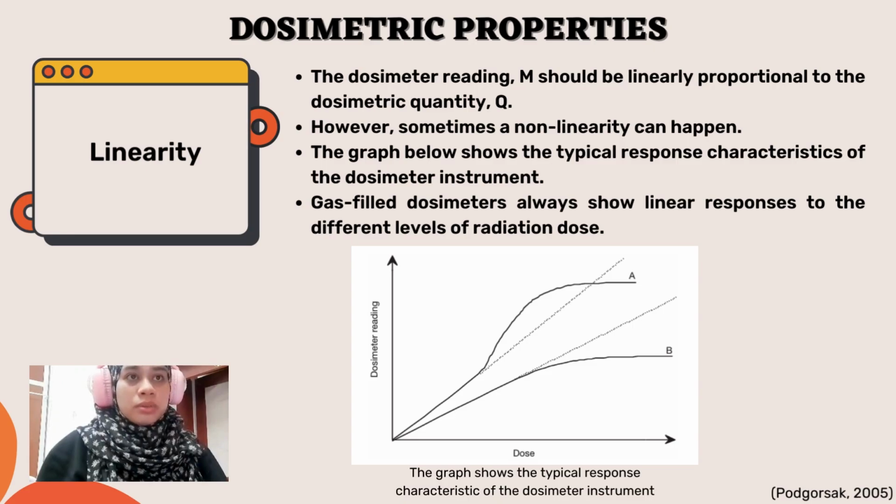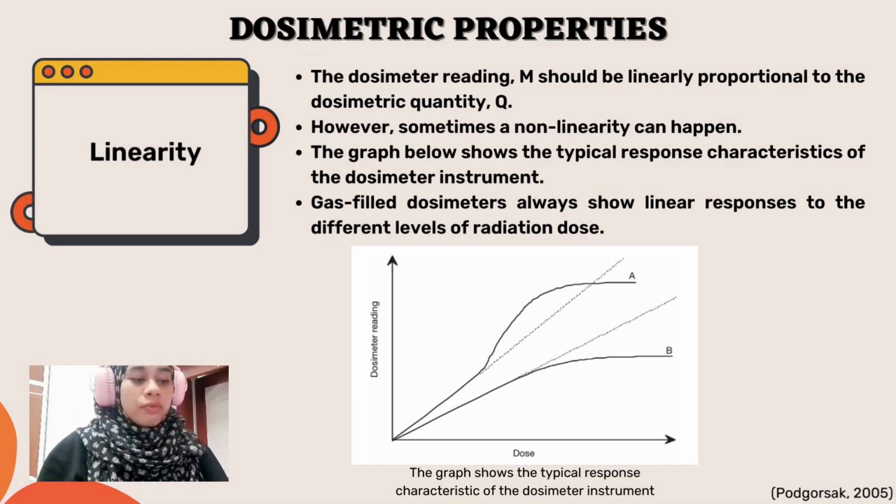Gas-filled dosimeters always show a linear response to different levels of radiation dose. This is due to the nature of the ionization process within the gas. Inside the gas-filled detectors, the incident radiation ionizes the gas atoms, producing electron-ion pairs.